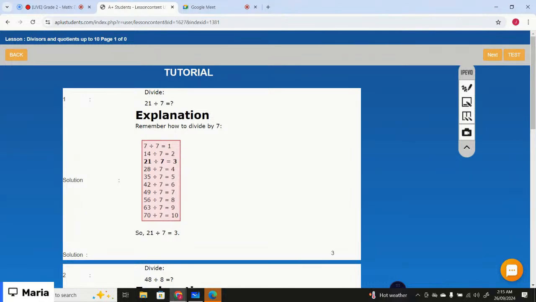So you need to count the table of 7 until 21. 7 times what number is 21? 7 times 3 is 21, so the correct option is 3. Let's just start with the test questions.